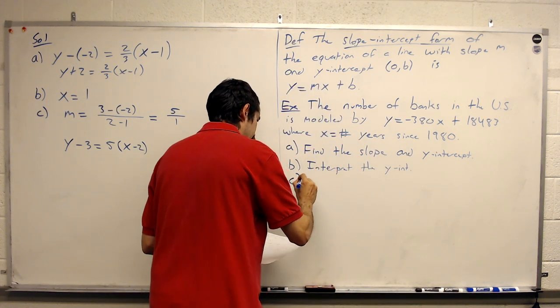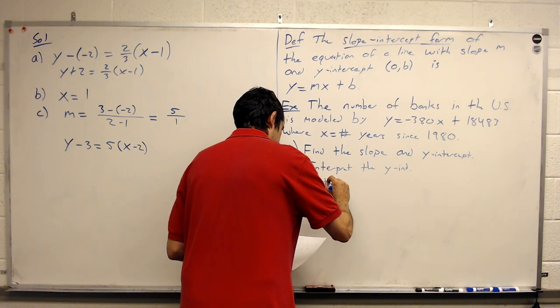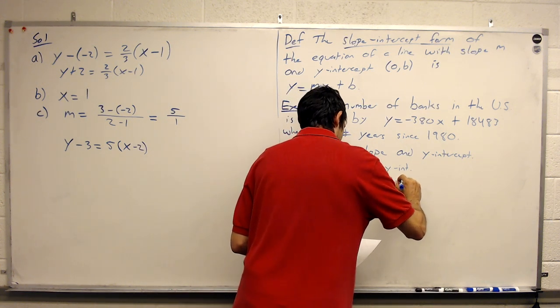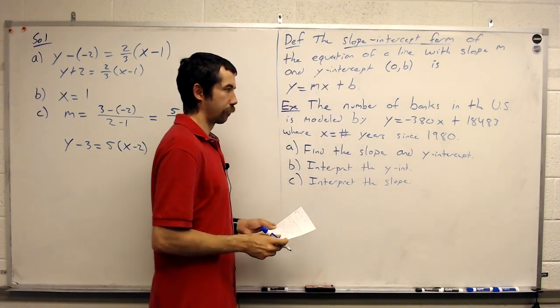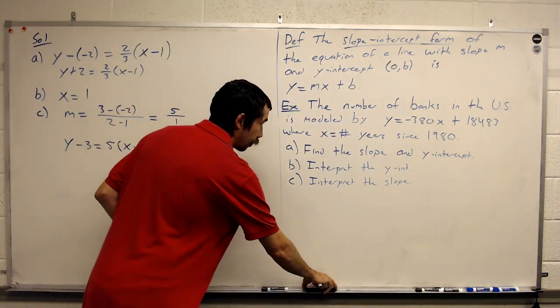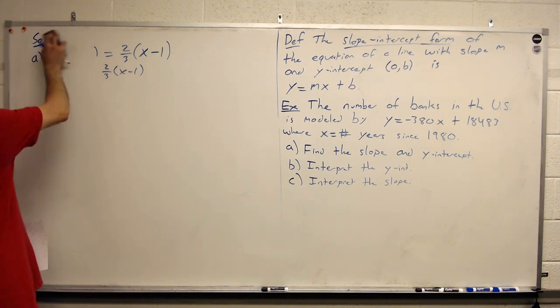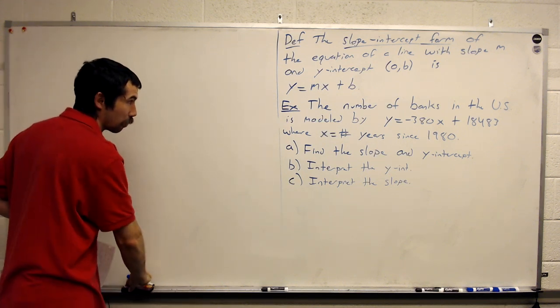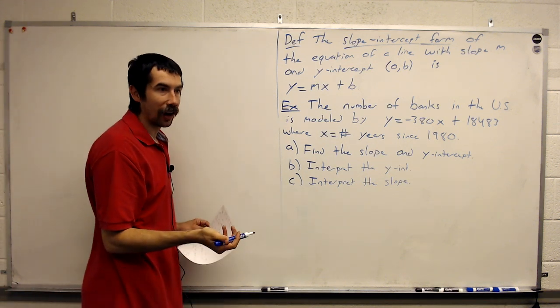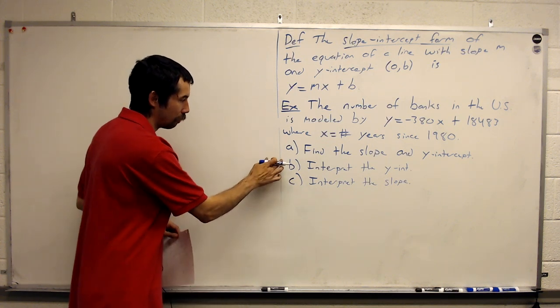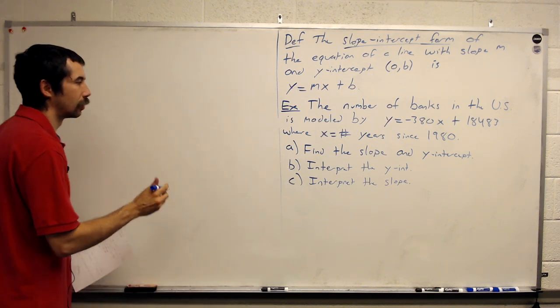C: interpret the slope. Okay, so part A is pretty straightforward, but if you don't know how to interpret these values, then what's the point of using them? So B and C are really the big ones.